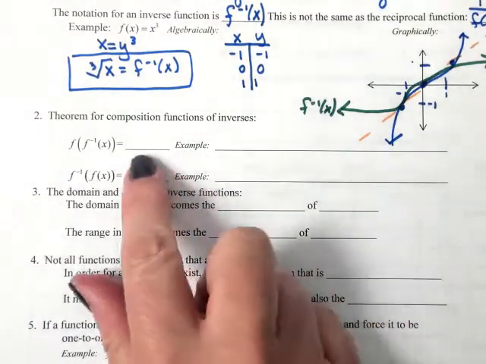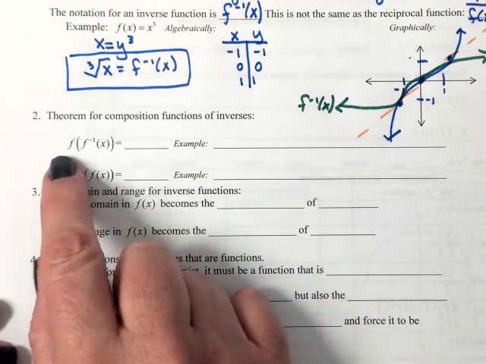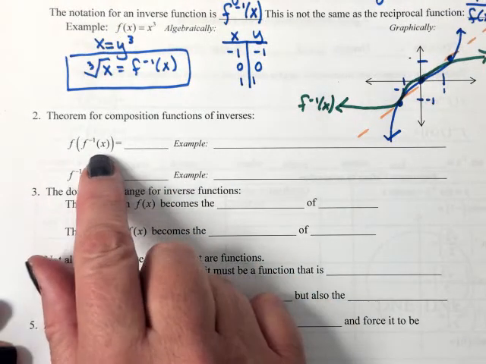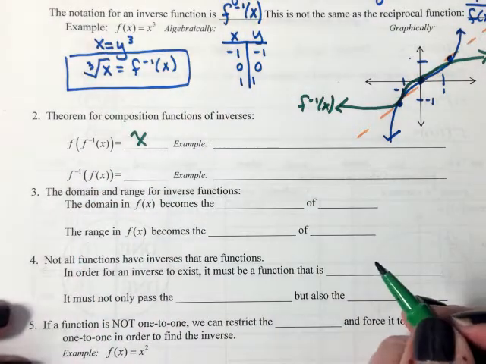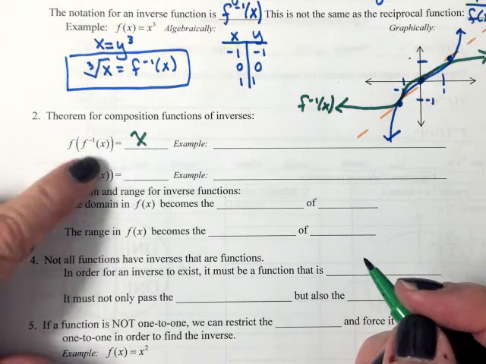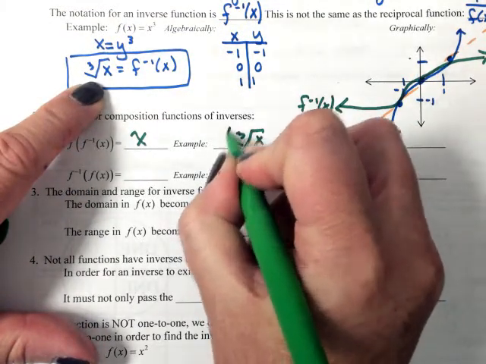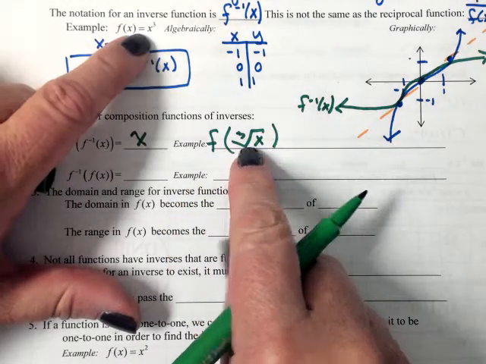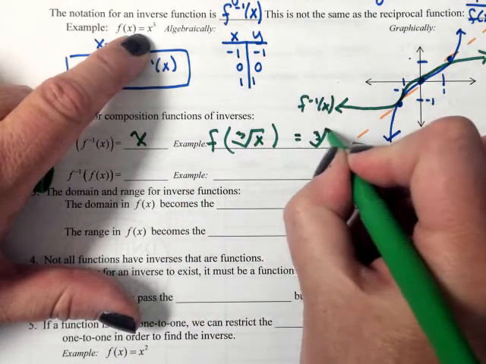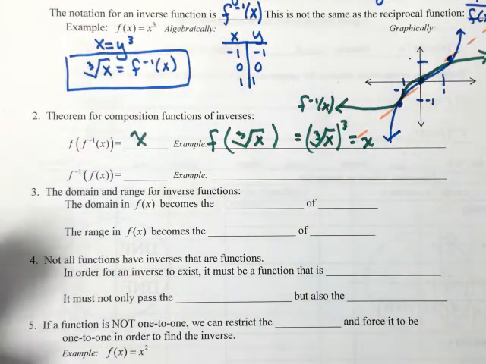Remember, you also studied last year a composition of functions and inverses. When you take a function and do a composition with its inverse, that's going to be equal to x. So for example, if I take my inverse function, which I found to be the cube root of x, and I plug the cube root of x into f of x, that's going to be the cube root of x cubed, which would give me just x.